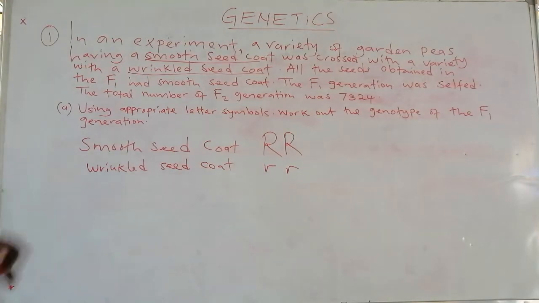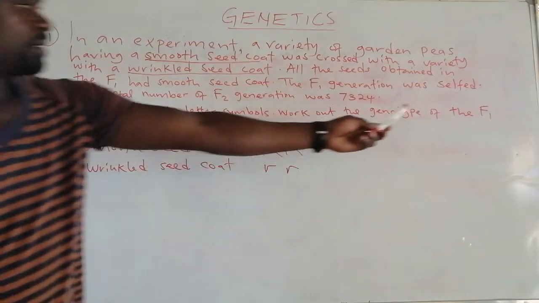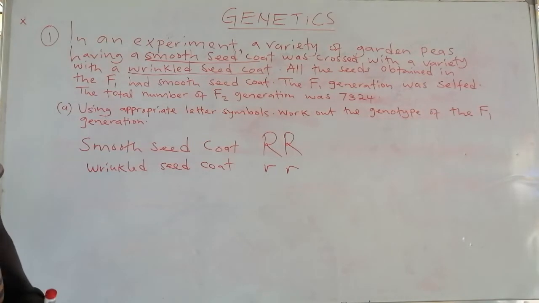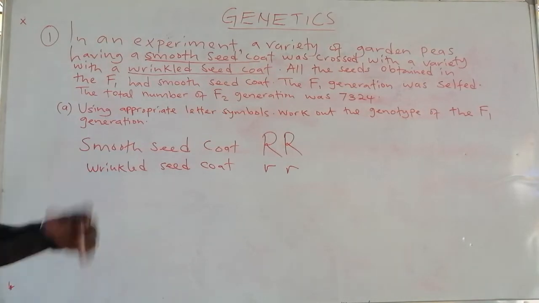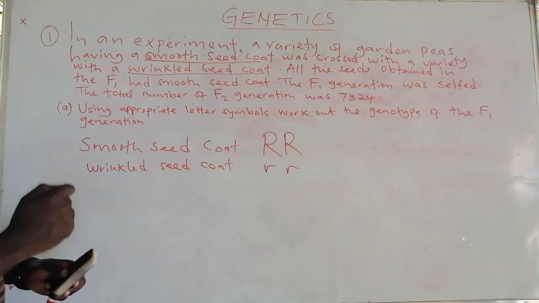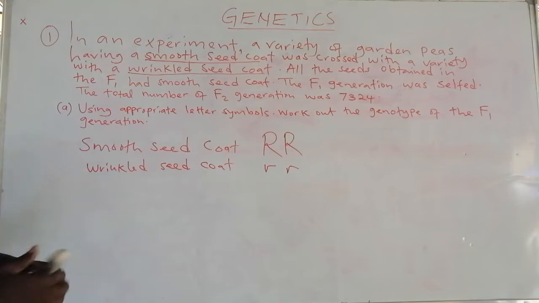Now, we have been told in the first question: using appropriate letter symbols, work out the genotype of the first filial generation. So F1 refers to the first filial generation, which refers to the genotypes of the offspring from the first crossing.